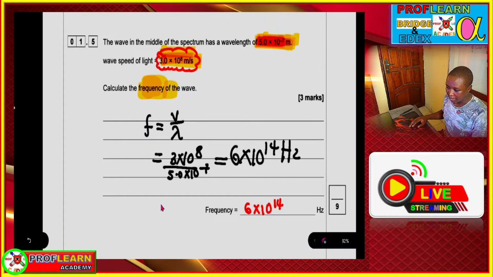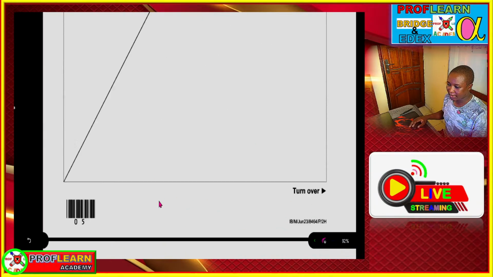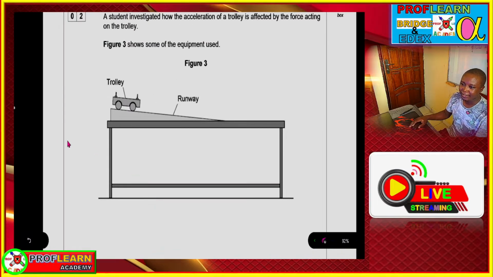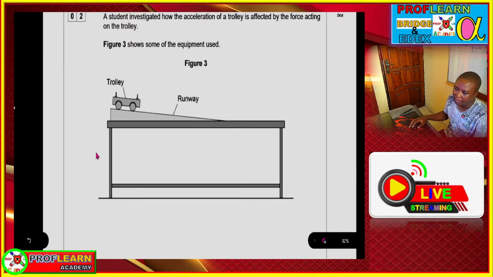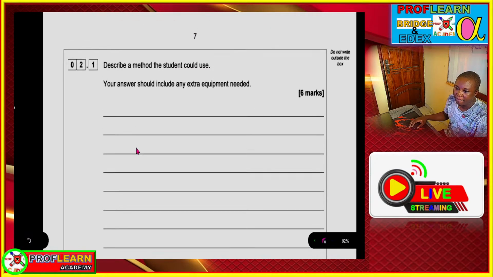The next question that is asked here: a student investigated how the acceleration of a trolley is affected by the force acting on the trolley, and some equipment used is shown. We have a trolley and a runway. Then describe the method the student could use, and you could also include extra equipment that you may require to carry out this investigation.